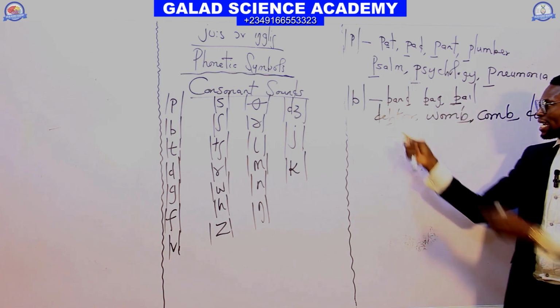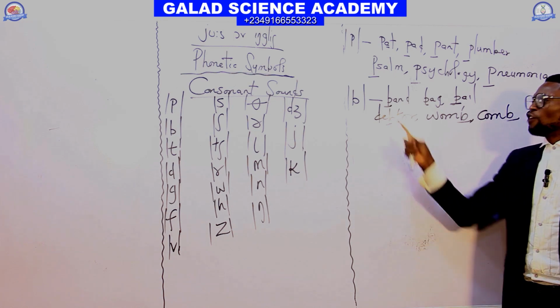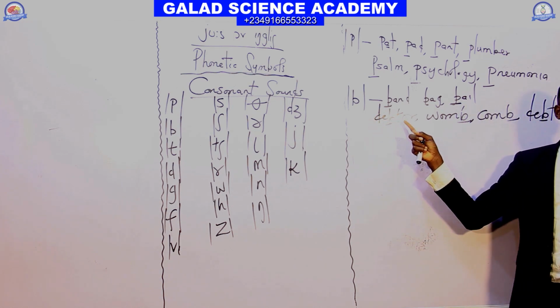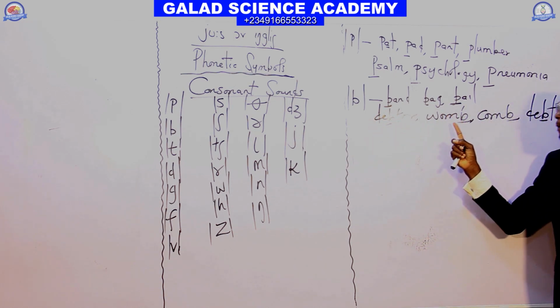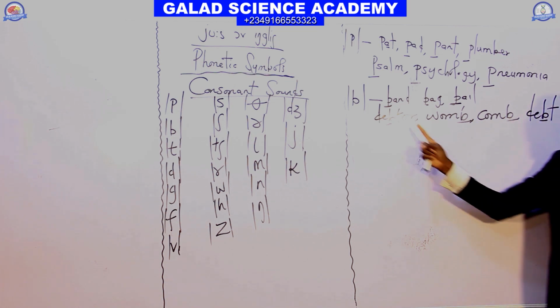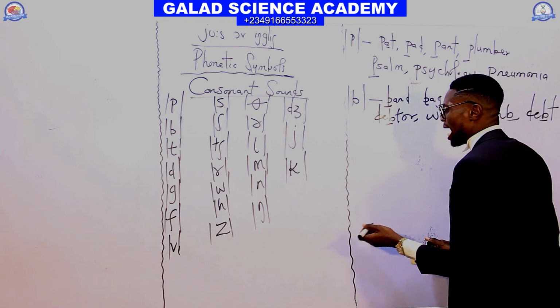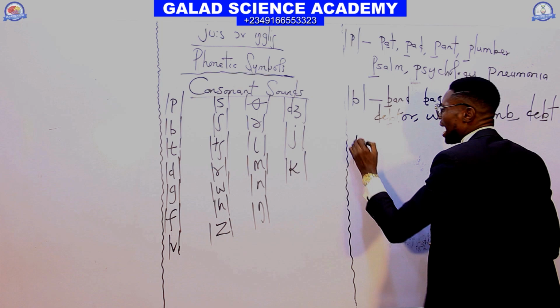The B here are voiced. While for the voiceless sound, like debtor, womb, comb, debts, the B here are voiceless. Let me quickly add to this.